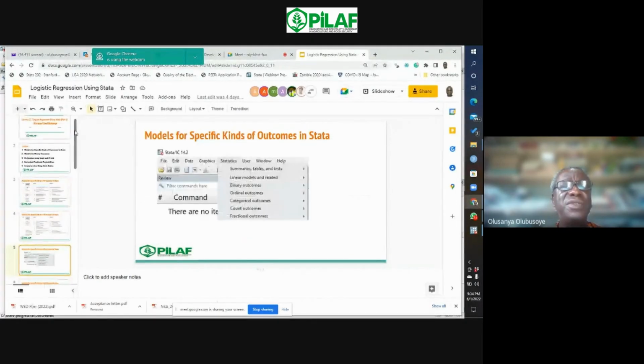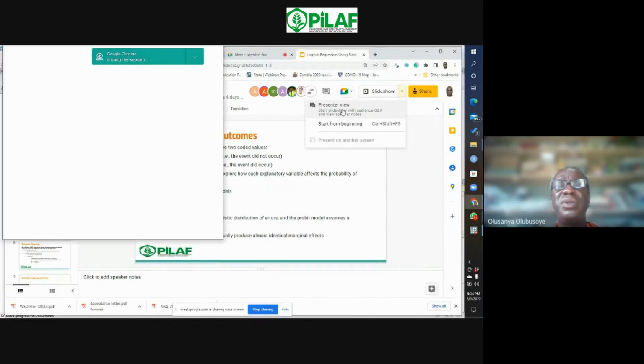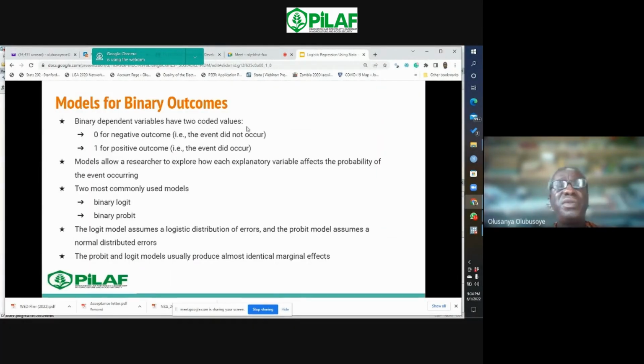For a binary dependent variable, you have 2 coded values. 0 is assigned to the outcome or level that is negative, absent, or did not occur. 1 is for the positive outcome, or the outcome that did occur.